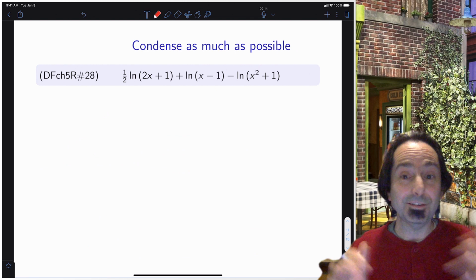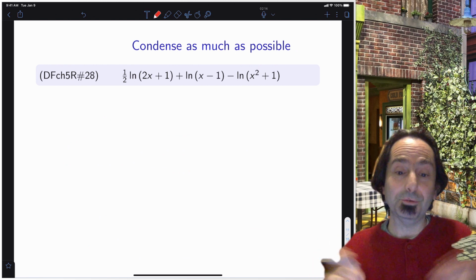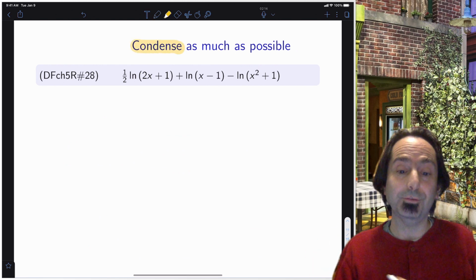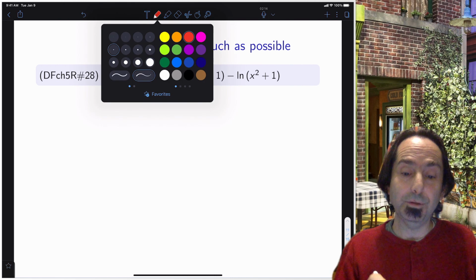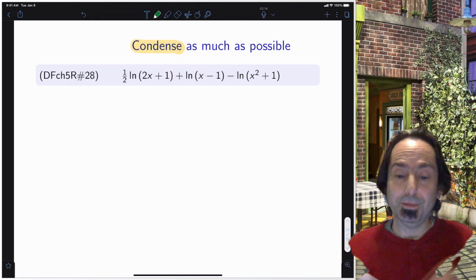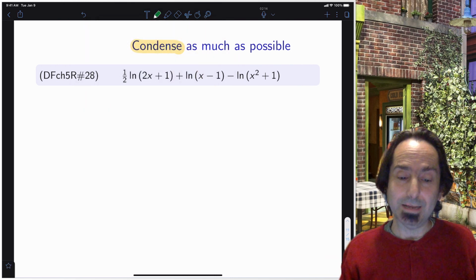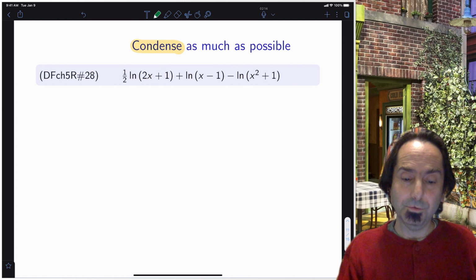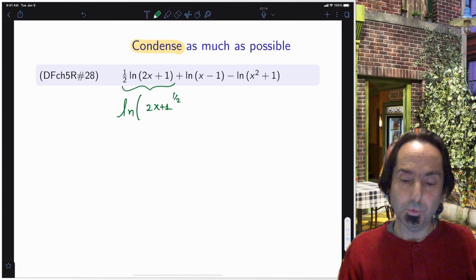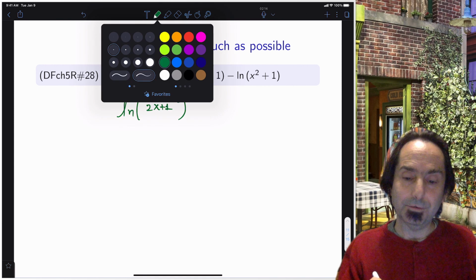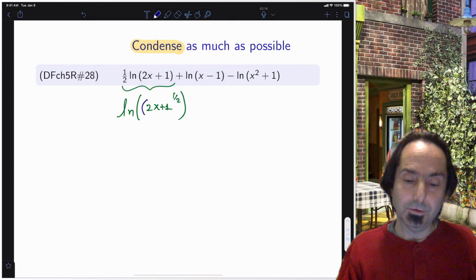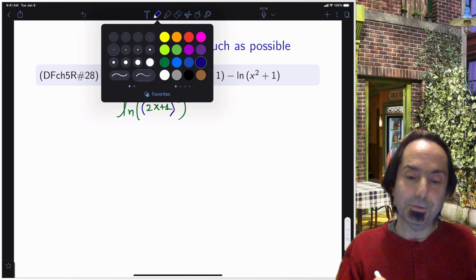Let's go to condense as much as possible. What's the opposite of expand? Well, it's condense. So we're going to try to do these rules in reverse and put things together. And we can do them in any order, but let's do this. Let's put these together. This is the natural log of 2x plus 1 to the 1/2 power. And really, we have to know that there are parentheses there.